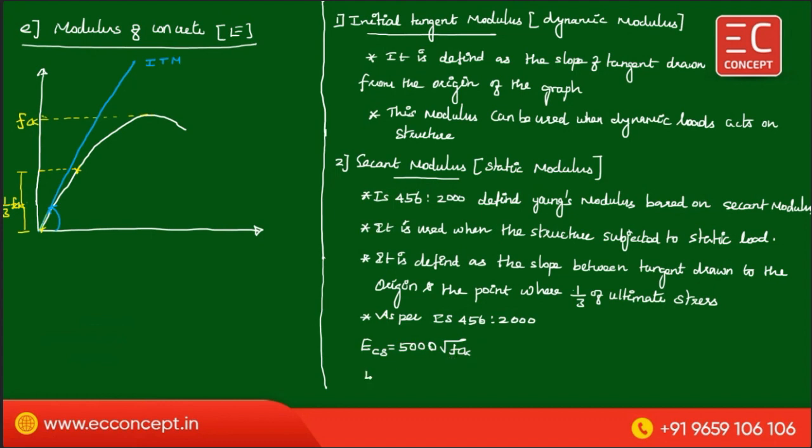Also, Young's modulus of concrete for long term is Young's modulus of concrete at short term divided by 1 plus theta. This is the formula, very very important. What is theta? Creep coefficient. Finally, this formula we can write as 5000 root of FCK divided by 1 plus theta.